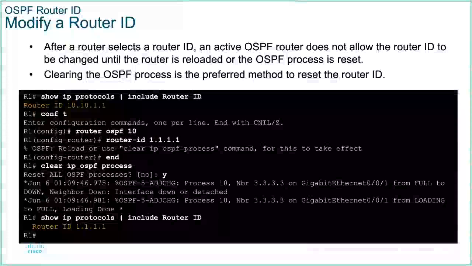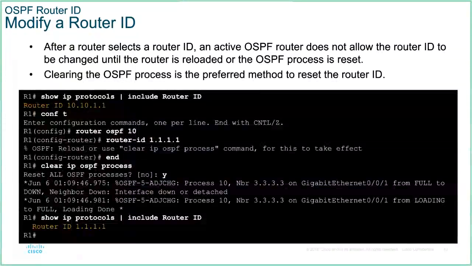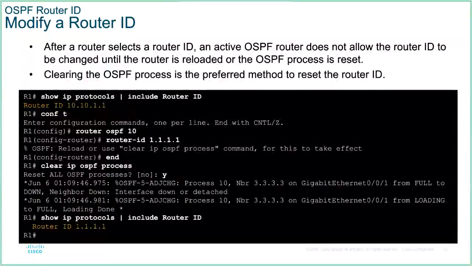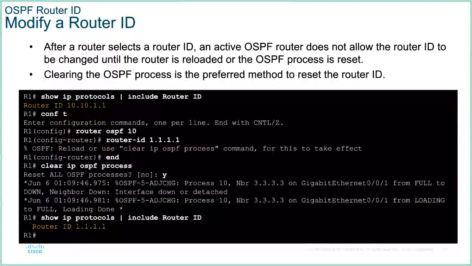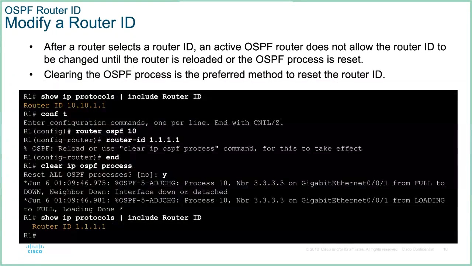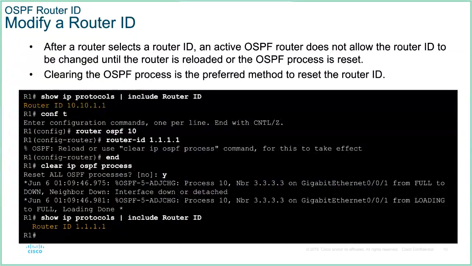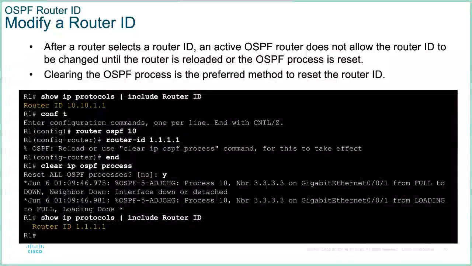So you can modify the ID, but basically you will need to clear the process, in other words restart it. So what you need to do is use the command clear IP OSPF process and then confirm that you want to restart, and this will remove all your adjacencies and re-establish your neighbors and restart using the new ID.